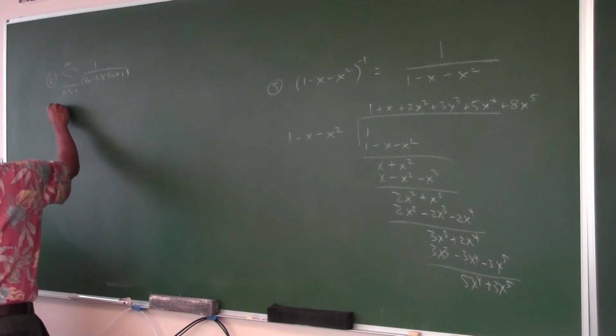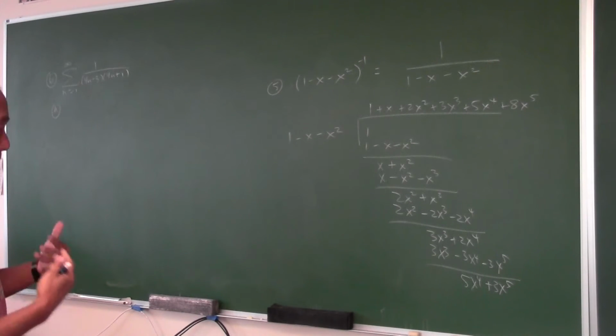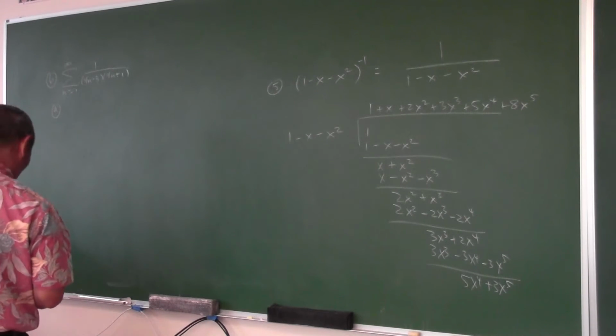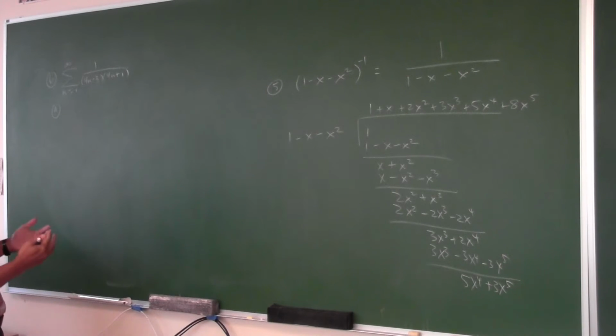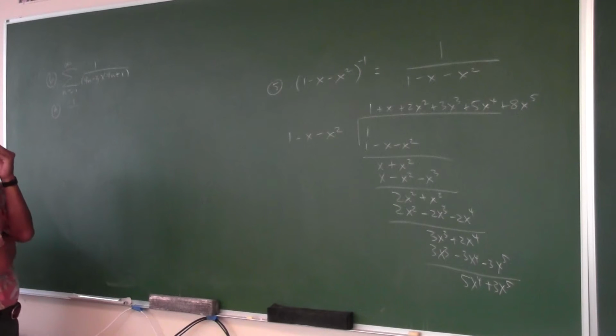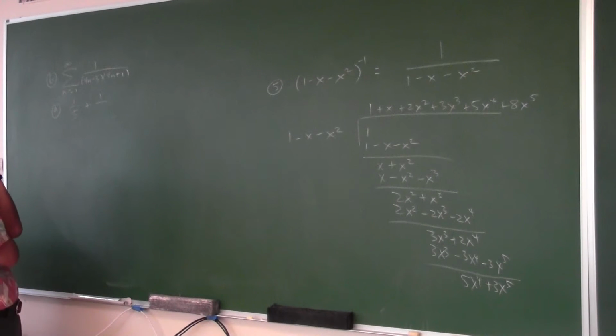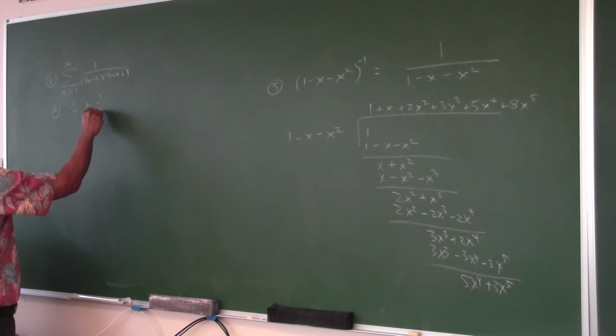Now, the first way that I want you to do it is by just finding the limit of the sequence of partial sums. So, what you need to do is write out at least 4 terms here. So, plug in 1. 1 over 1 times 5 is 5. Plug in 2. 5 times 9, 45.